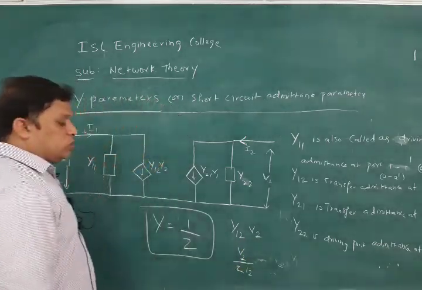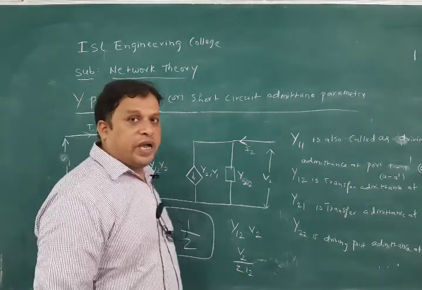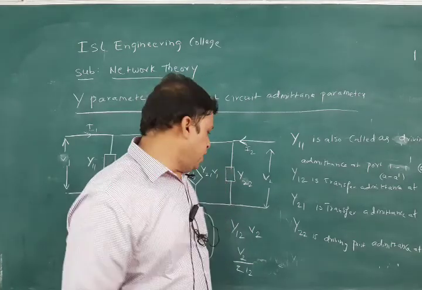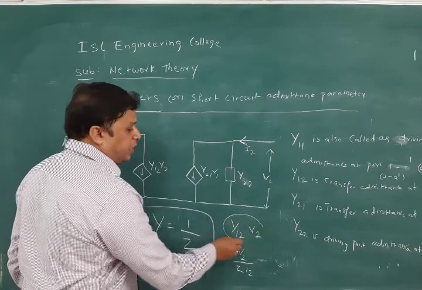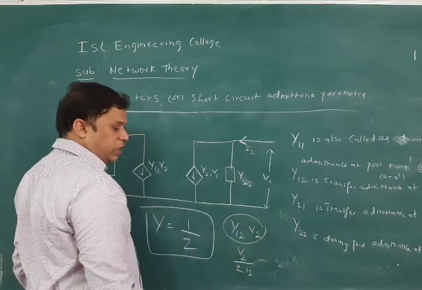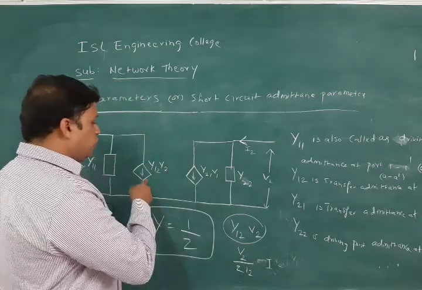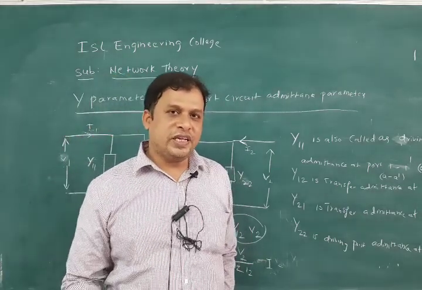But what is V by R? V by R is nothing but I, as we know V is equal to IR by Ohm's law. In the same way, I is equal to V by R, or I is equal to V by Z. The same term we are writing here, V2 by Z12, so it is nothing but current. So we are mentioning here the current source, not the voltage source.